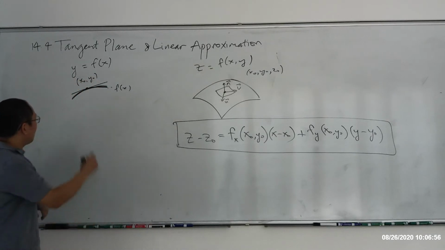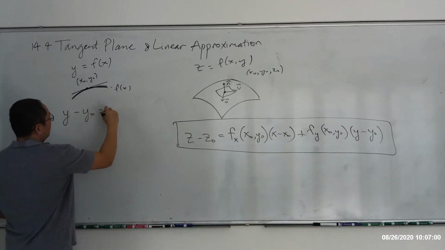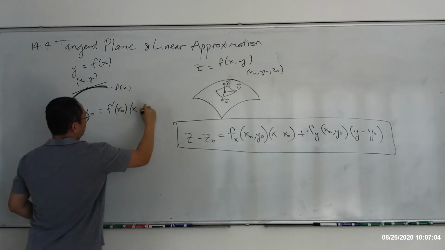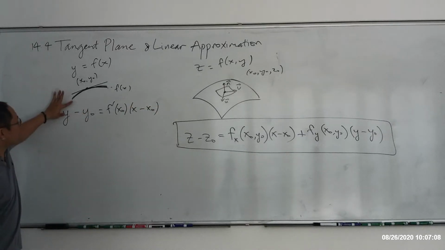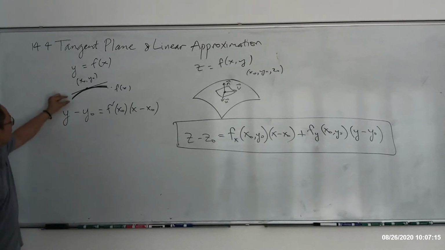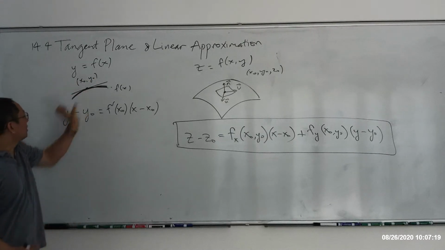Recall what we wrote right here, y minus y naught is equal to f prime of x naught times x minus x naught. This is the equation of the line. It's not the same as a curve. You see the curve in this particular example right here. The curve is slightly below the tangent line. But the gap or the difference is pretty small if you talk about small intervals.